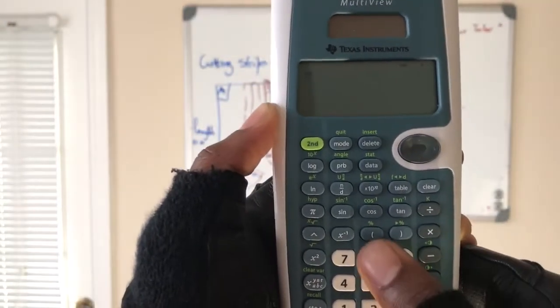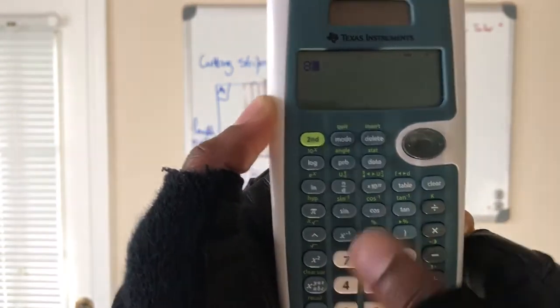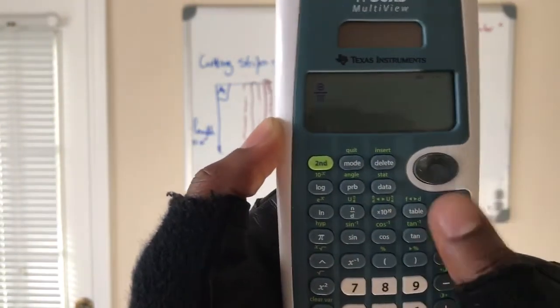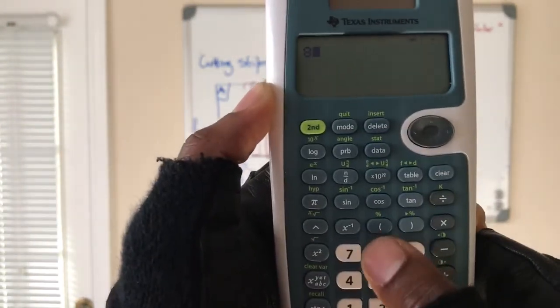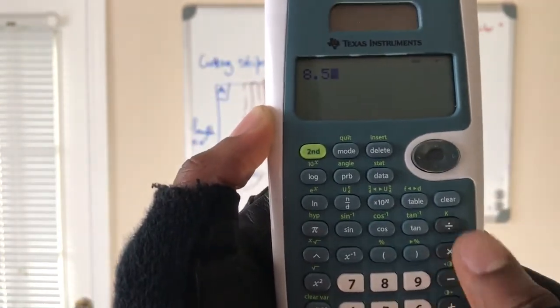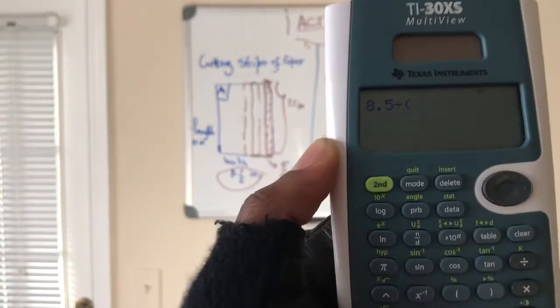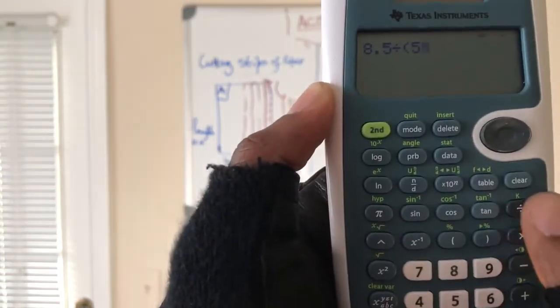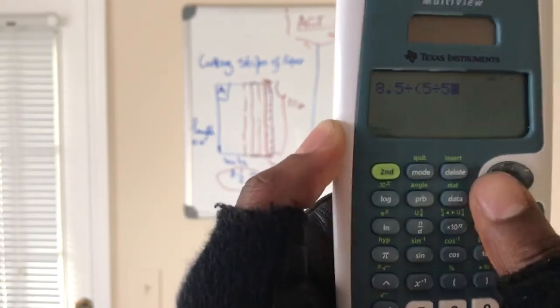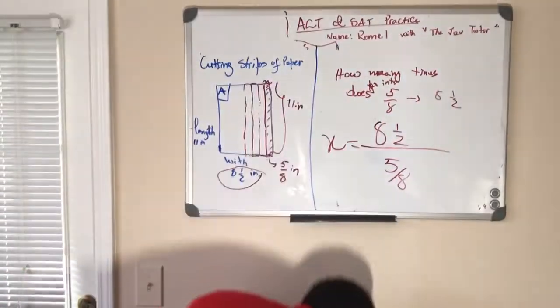So what am I typing? 8.5 divided by 5 over 8. I want to put a parenthesis here: 5 divided by 8. And we get 13.6.